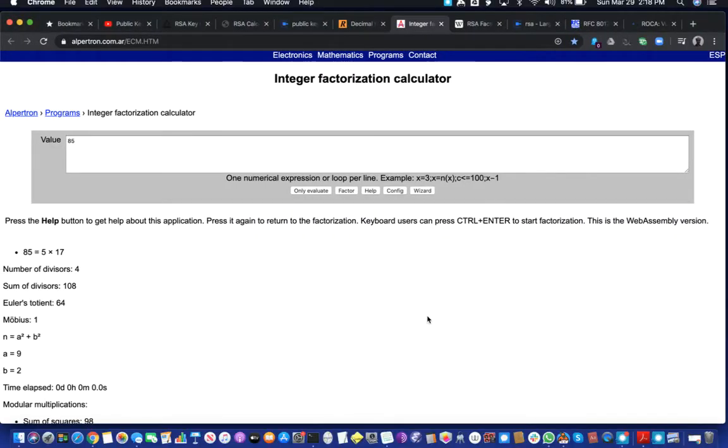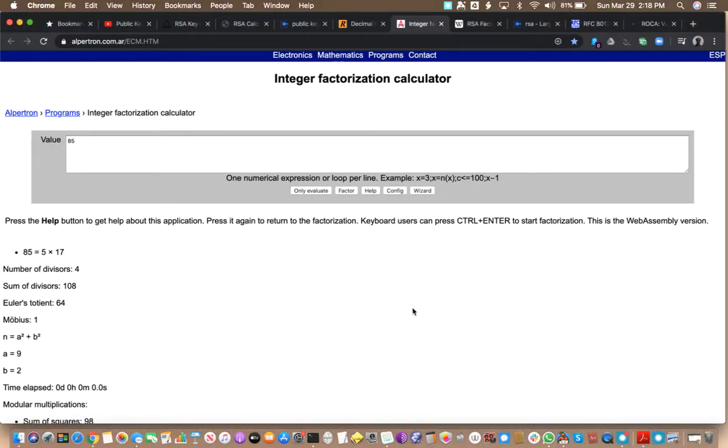You can, again, go on the internet and do this. There are integer factorization calculators. So we could enter numbers in there and try to factor them, and it'll do that. 851 is 23 times 37. So it did that pretty fast, right?